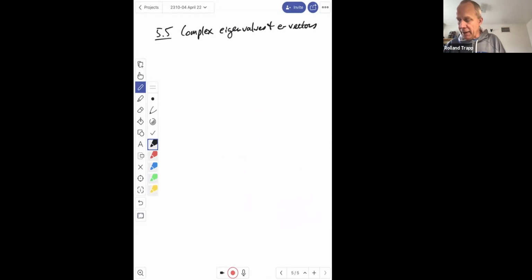And these are needed, so you run into them because suppose I had A is the 2x2 matrix with zeros down the diagonal, 1 in the lower left and -1 in the upper right.